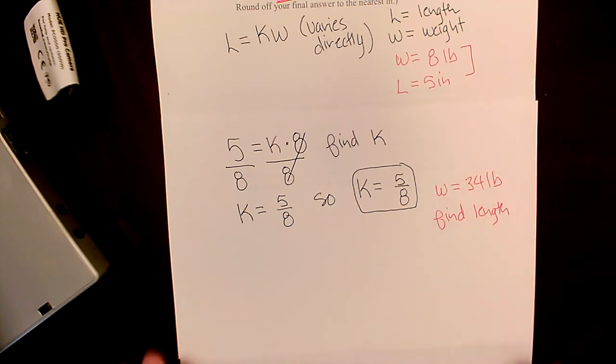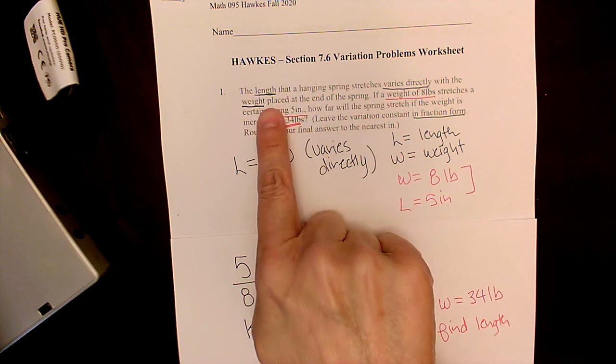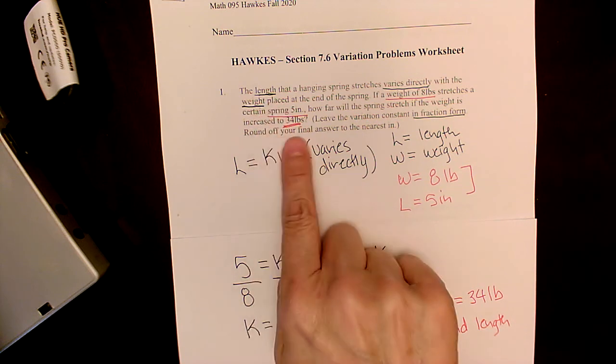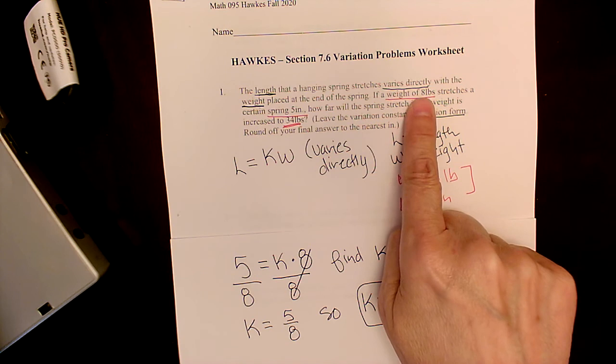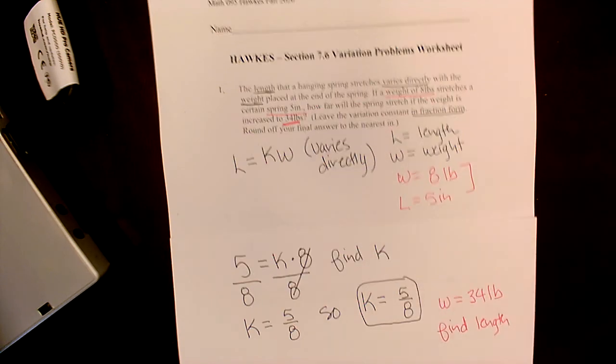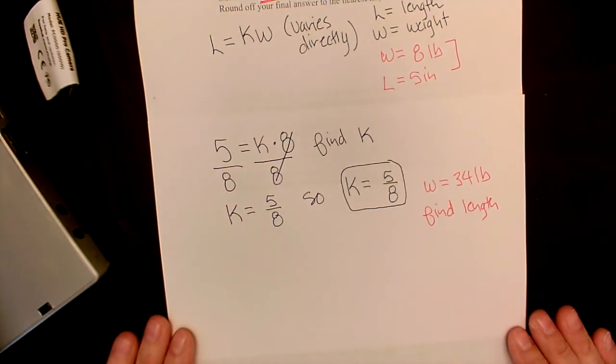And I'm just getting all this from the problem. If you want to go through and underline, I would underline the variables, and whether it varies directly, jointly, or inversely. I would underline that as well. That'll help you a lot. And that's all I did.